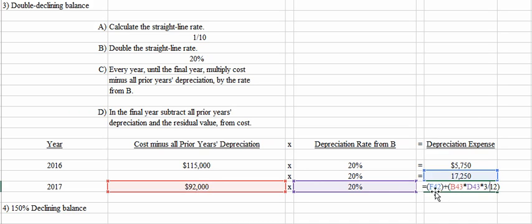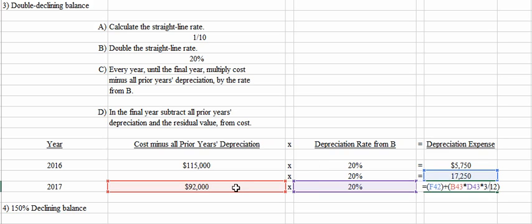Okay, so we're going to take that first. That'll be what we add to the last 3 months. We take 17,250 as the F42 cell. We're going to add to that cost minus all prior years depreciation. Well, that was the 115,000 minus the 5,750 from 2016 and minus the 17,250 from the first 9 months of 2017.